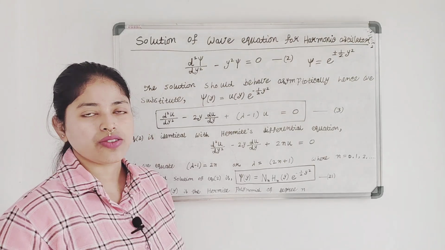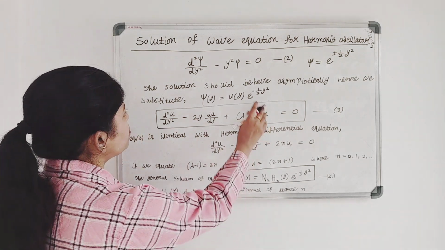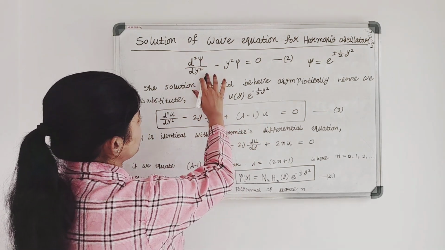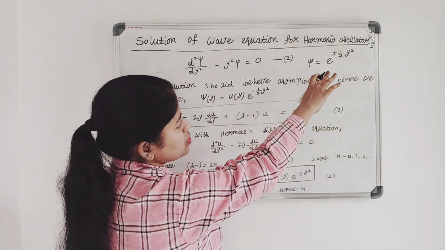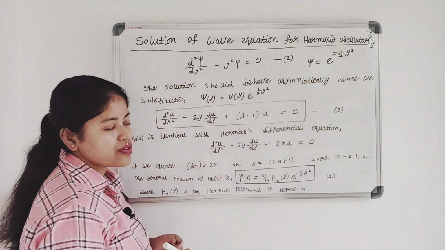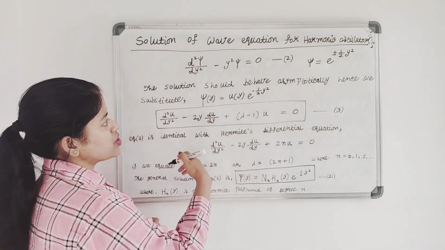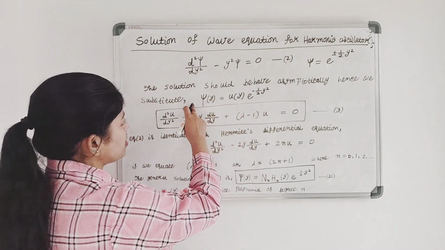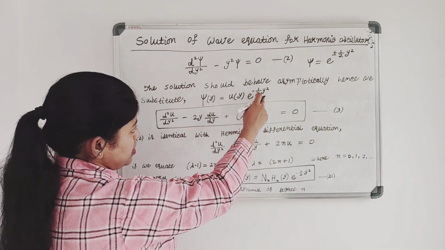Now we are going to consider the solution of the wave equation for the harmonic oscillator. For equation 2, d2 psi dy2 minus y square psi equals 0, the solution is psi equals e to the power plus minus half y square. But this solution is not a good solution. To make this solution behave asymptotically, we substitute psi of y equals u of y e to the power minus half y square.